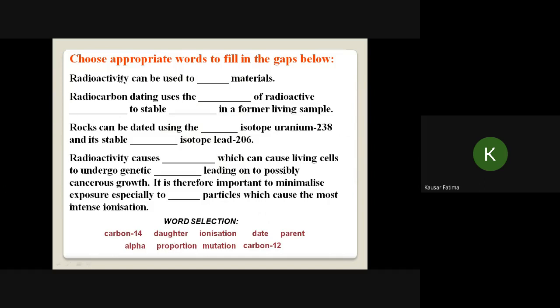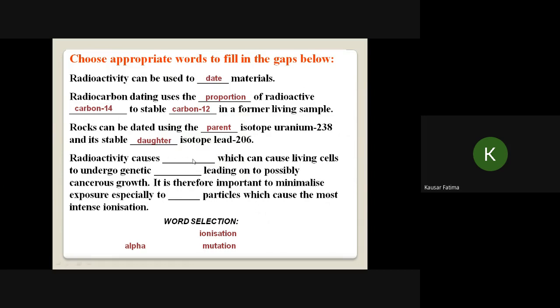Now the spaces to be filled in: radioactivity can be used to date material. Radiocarbon dating uses the proportion of radioactive carbon-14 to stable carbon-12 in a former living sample. Rocks can be dated using the parent isotope uranium-238 and its stable daughter isotope, lead-206.